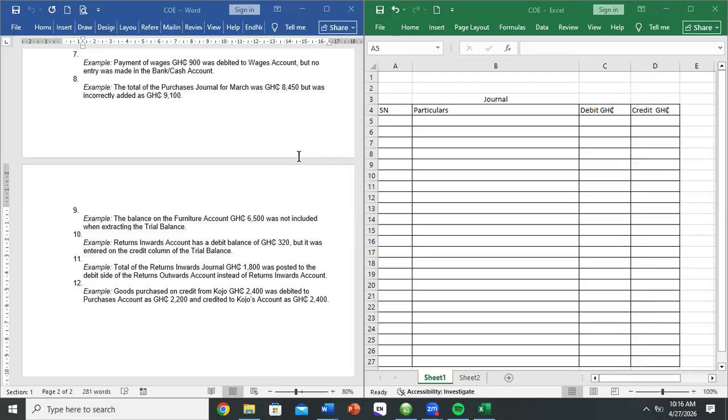So sold goods to Kofi without any cash or check in the transaction means a credit sale. But if you see sold goods 5,000 without the mention of cash or check, this one is a cash sale, because there is no name of a customer for you to assume that it was a credit sale.